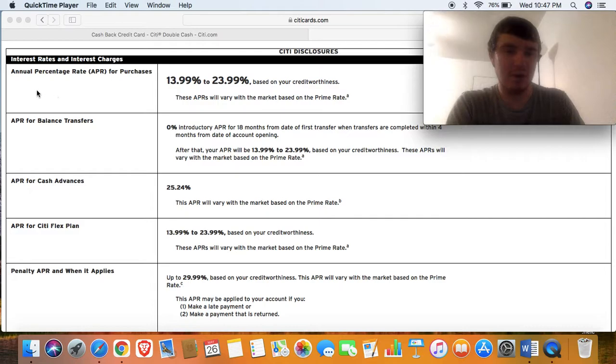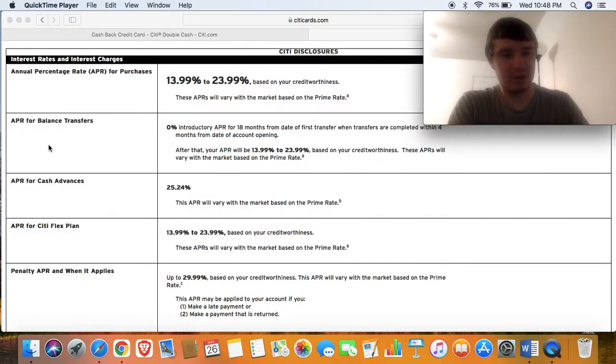In the top box here, they're just going to give you, like it says, the annual percentage rate for purchases. So when you go out with the card and you make a purchase on it at like Walmart, if you let the balance carry over, then these are the interest rates that they're going to charge you for that purchase. So that's always in this box right here.